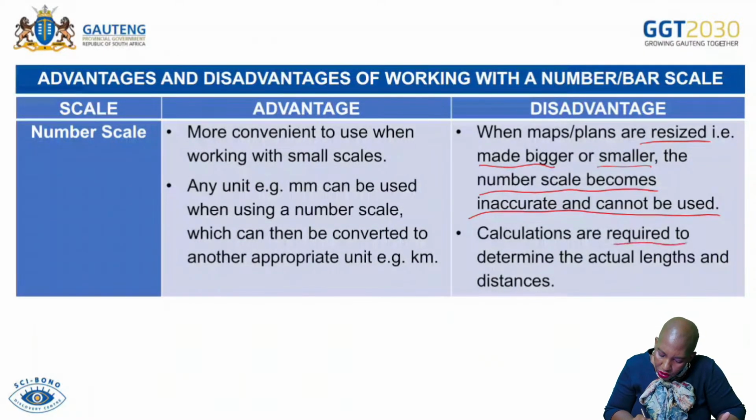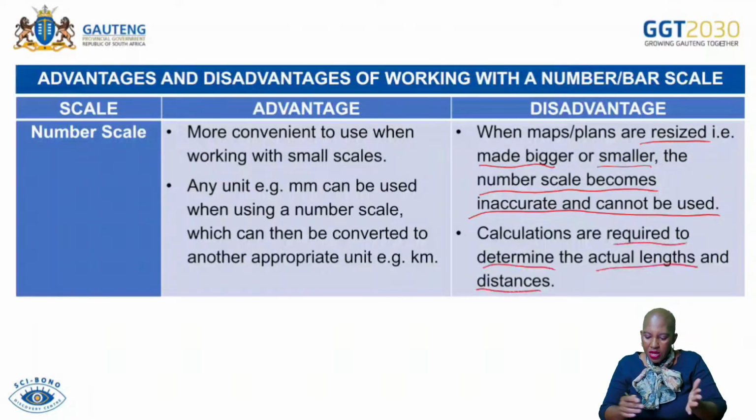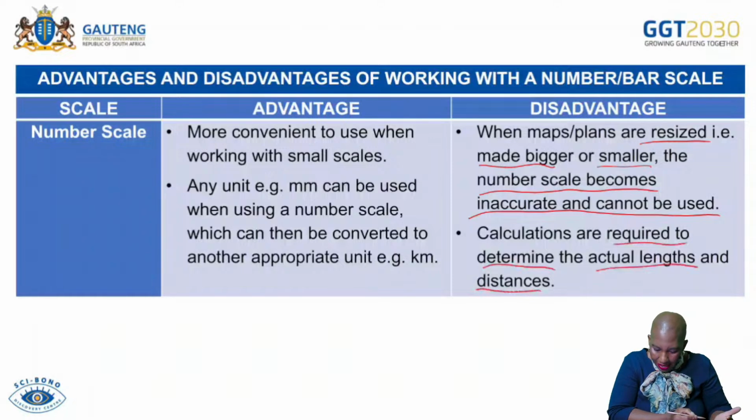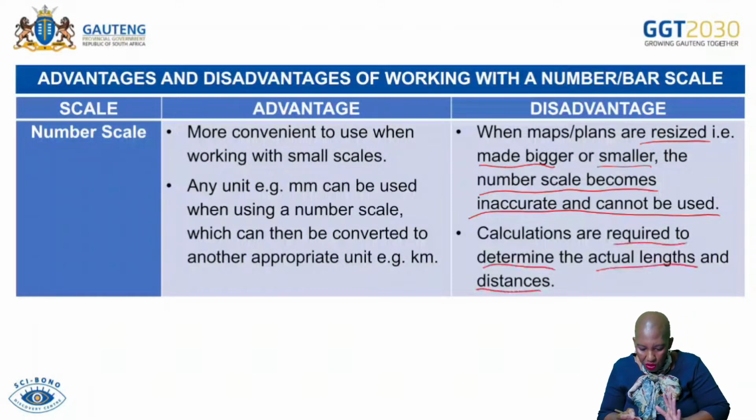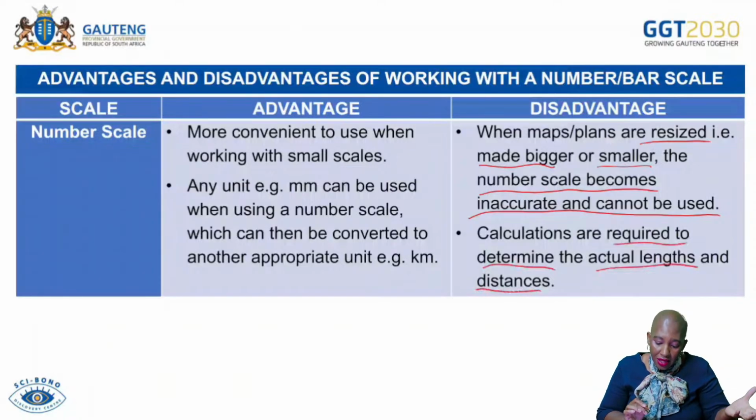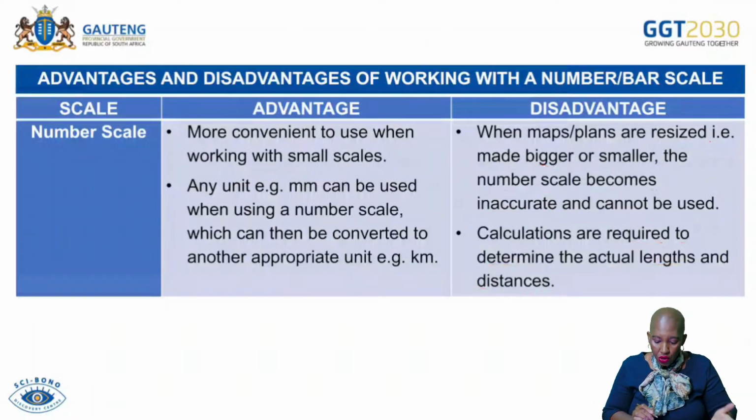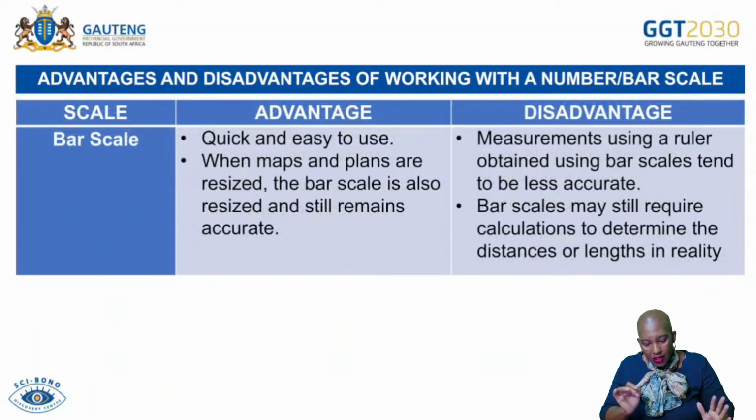Calculations are required to determine the actual length and distance. So it means a bit more work when we do the calculations, because we'll have to calculate the actual distance when using the number scale. And with this number scale, if I reduce or enlarge, it will become inaccurate. Those are the disadvantages.